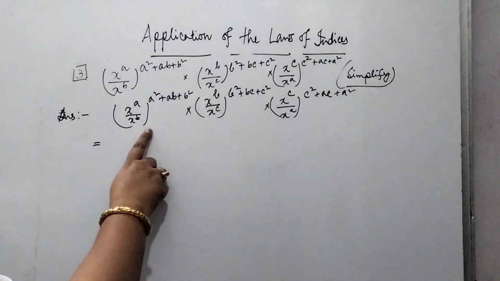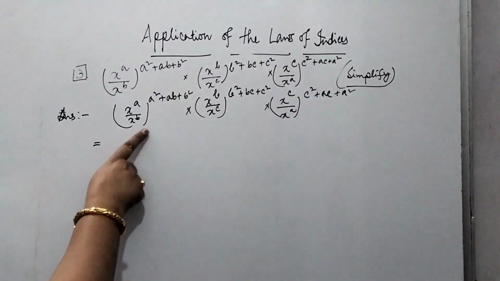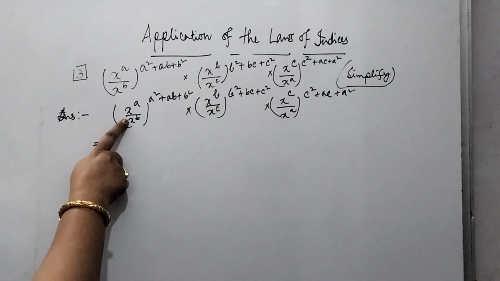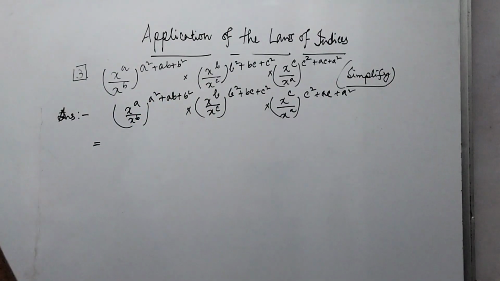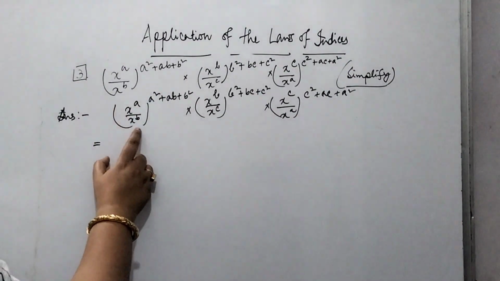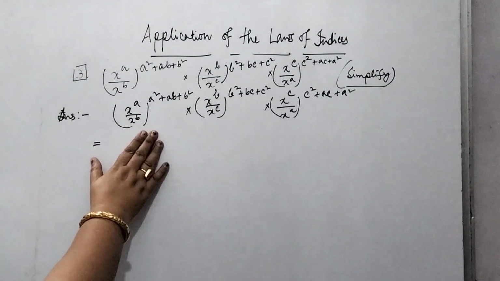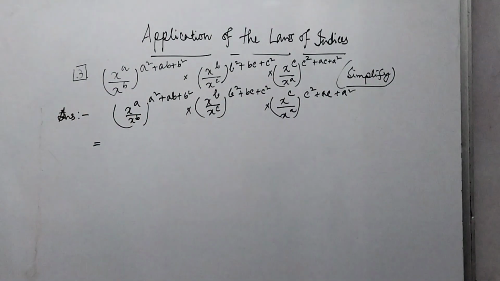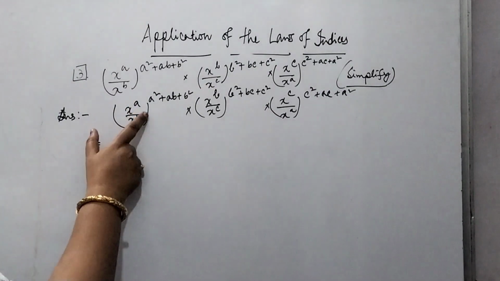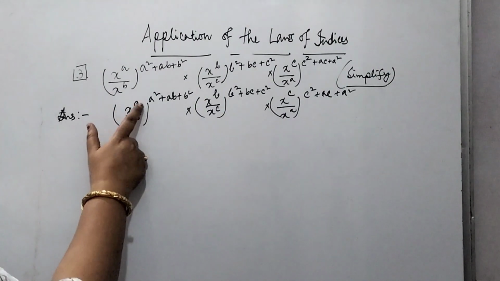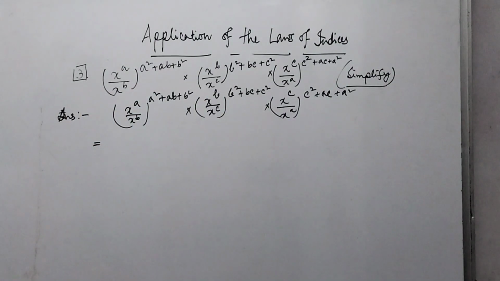First of all, observe each and every term. In the first term, we get x to the power a by x to the power b whole to the power a square plus ab plus b square. So it is obviously clear to all of us, I know, that if you keep the term in this form, especially in this example, you will not be able to reach the further step. So what you have to do, you have to represent this term x to the power a by x to the power b as the power of x.